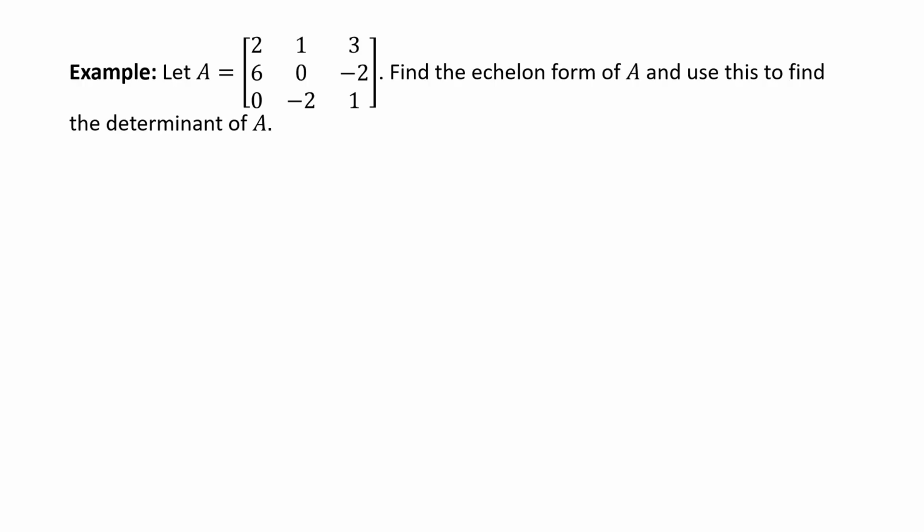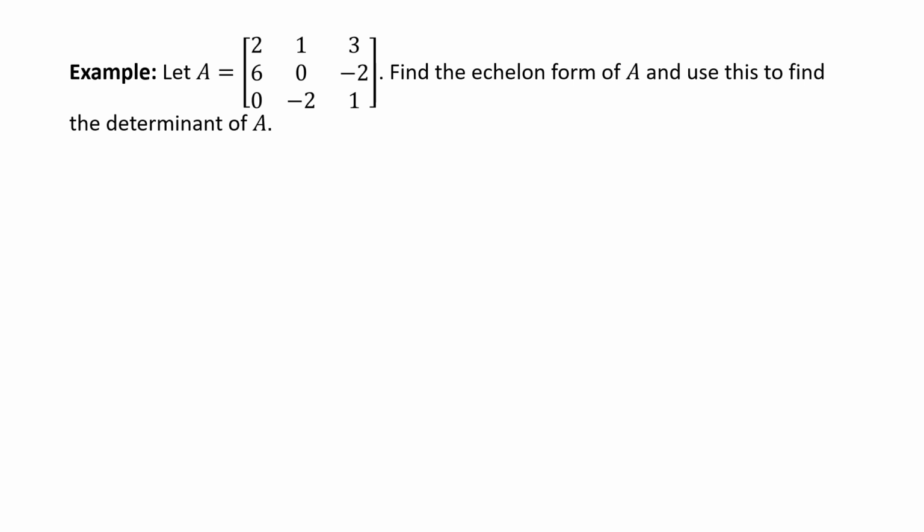So here's an example. We have this matrix, and we're saying, let's find the echelon form of A and use it to find the determinant of A. We could calculate the determinant of A using cofactor expansion, but in this case, we're going to do something different.